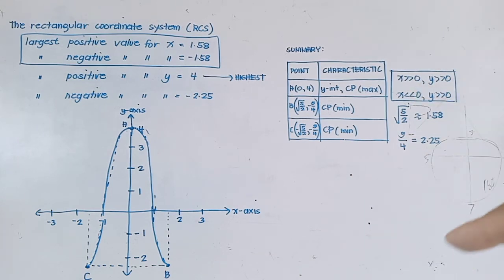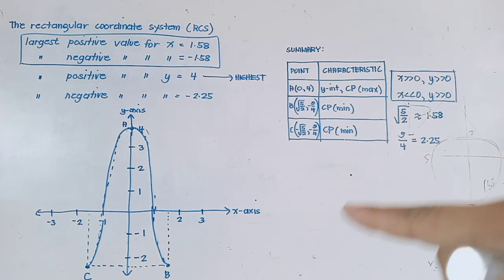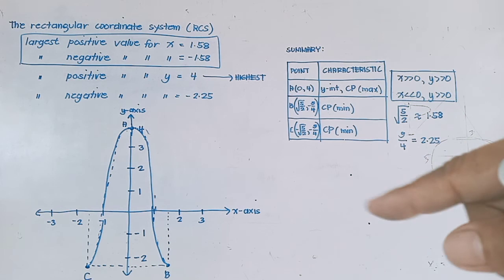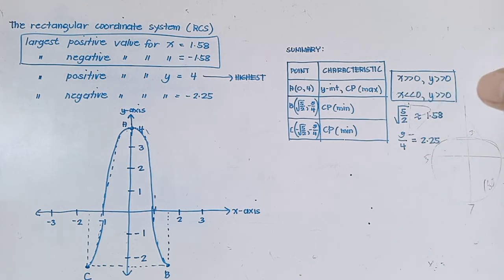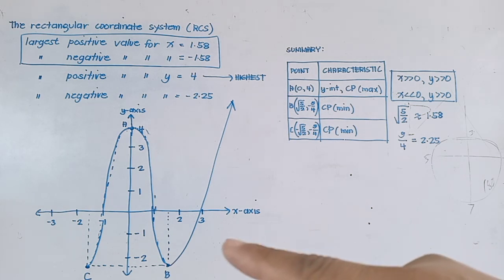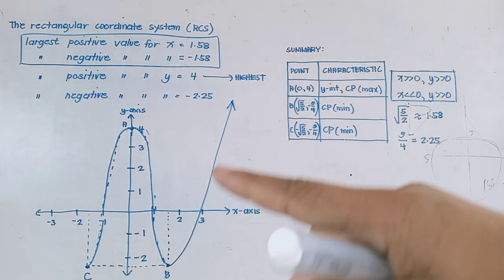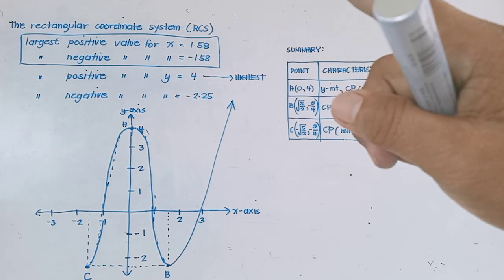Y also increases. That means that the direction of y, of course, is up, because as you go up, y becomes more and more positive. Alright? And it will never look back again. So that is how it looks like. As x increases, y increases positively.